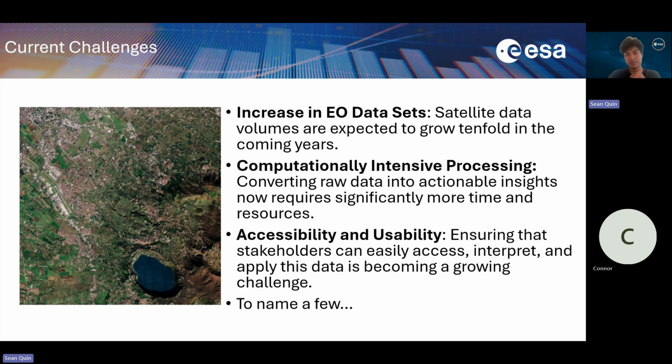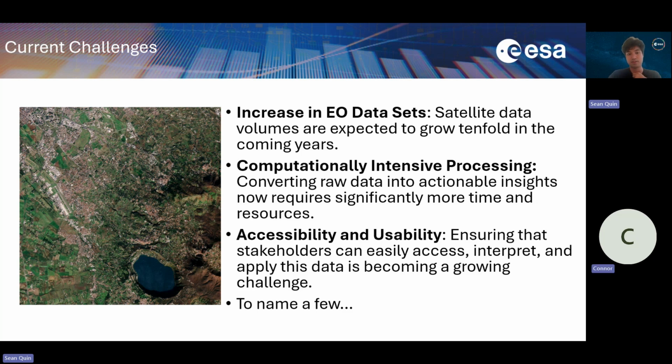Turning raw data into actionable insights for usable output is becoming harder and requires more significant time and resources. The accessibility and usability of the output, ensuring that all parties who wish to use the output get to access and interpret the data correctly, is also a challenge, to name a few. This will mostly focus on the computational intensive processing through the use of high performance computing.